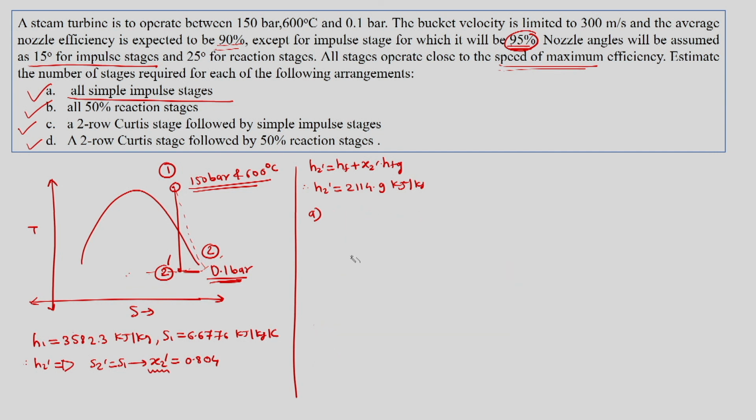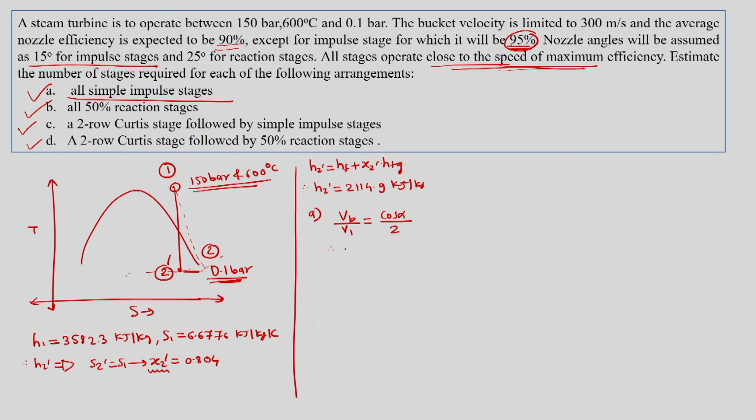We will start the example with the first part, where all the stages are impulse. For all the impulse stages we can make use of the fact that Vb upon V1 is equal to cos alpha by 2, since it is told that this is close to the optimum condition.